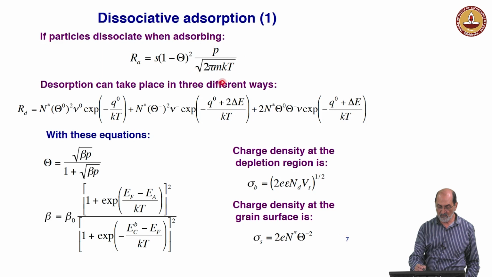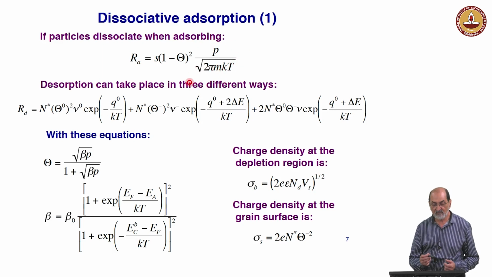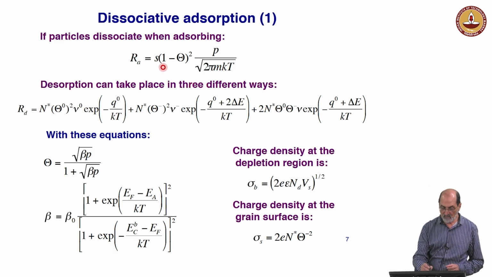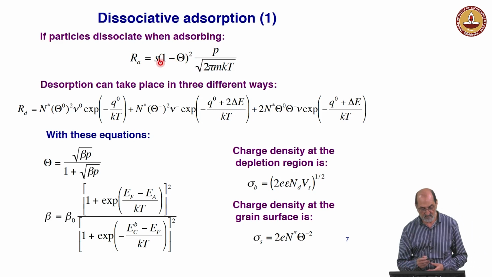The number of molecules that come to the surface per unit time is the same as before. But now, since we have two atoms, we need two places together to accommodate both atoms. So we need (1 minus theta) squared. Anyway, this one was going to be 1 and the sticking coefficient 2, so it's not a problem.